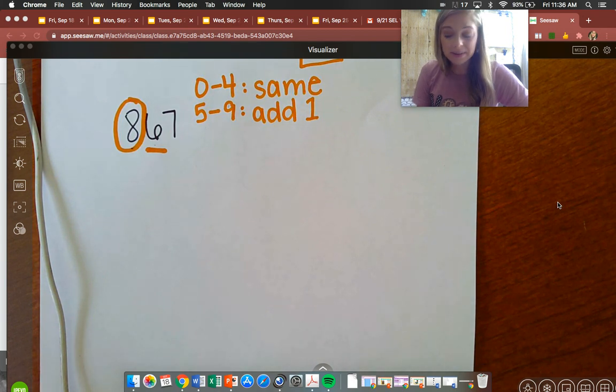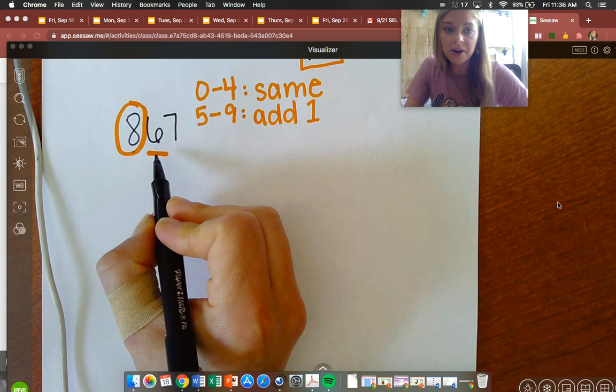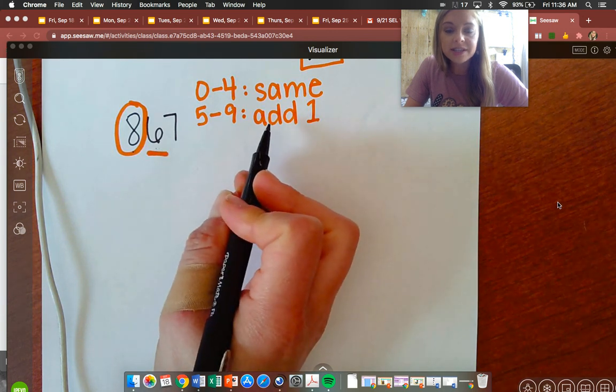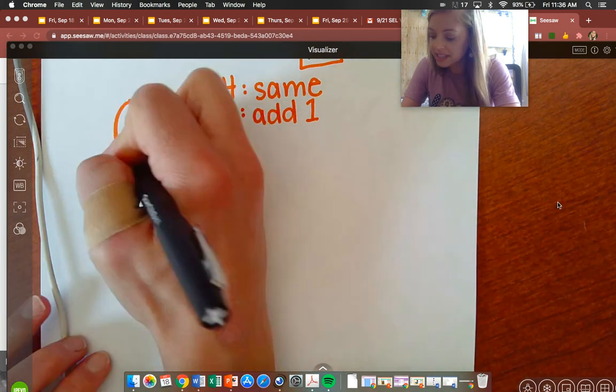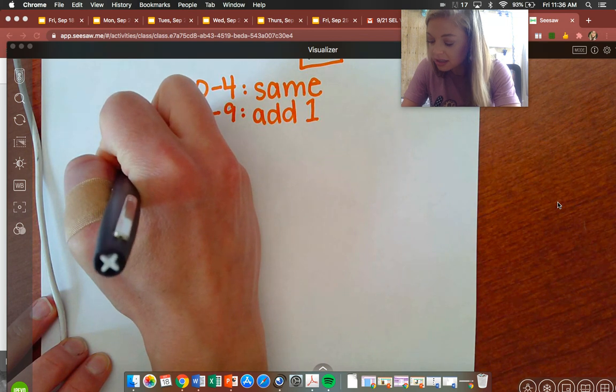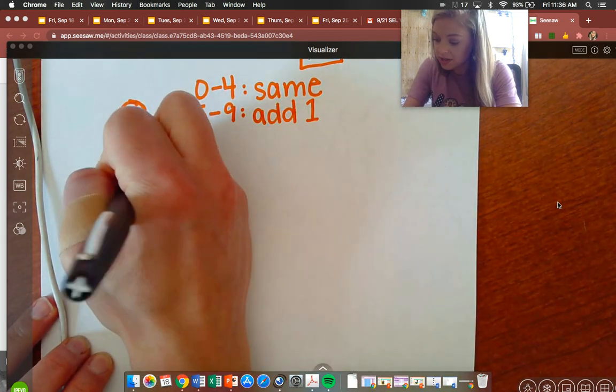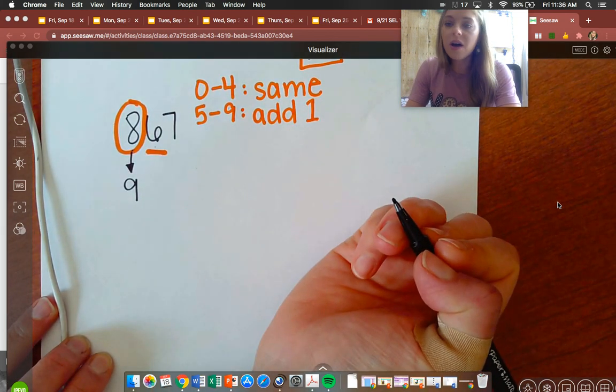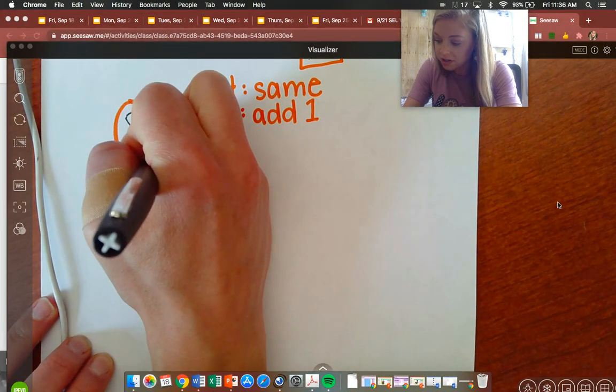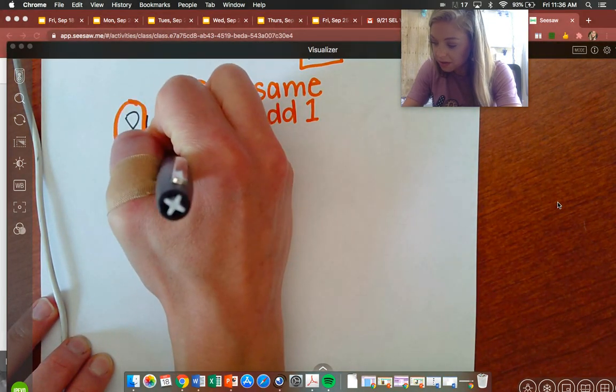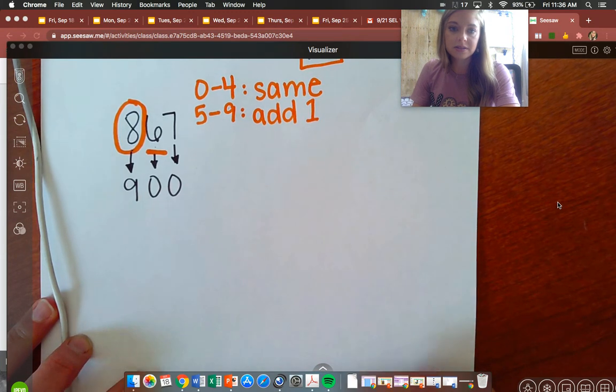If you're thinking that the number 6 is in between 5 through 9, then you are correct. That means we add 1 to the circled number. So this 8 is going to change to a 9. We add 1. And then all of the other numbers turn to 0. That's the easy peasy part.